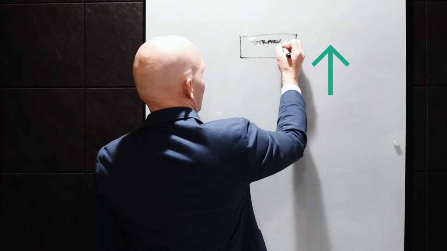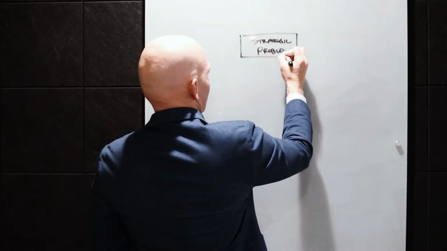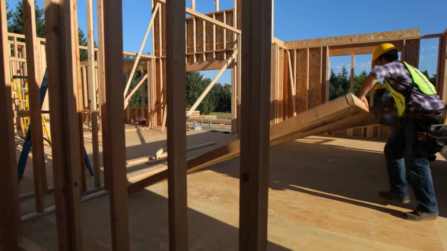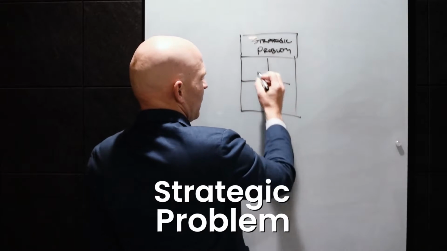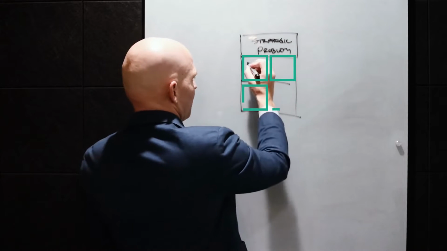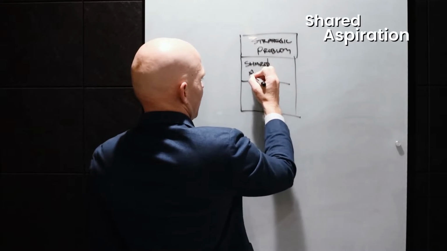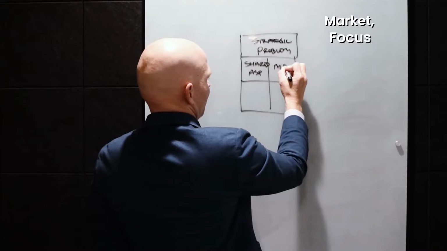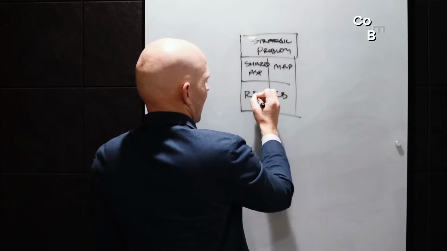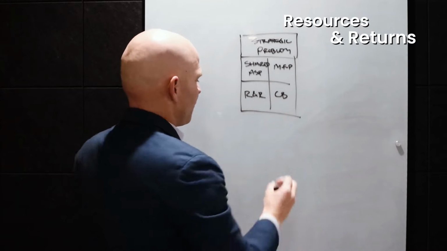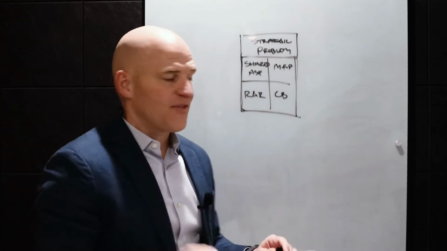At the very top of my strategy framework is the strategic problem. And then down below, we have 4 different boxes where a company defines its shared aspiration, its market focus and position, its competitive behavior, and the resources and returns required to pursue this strategic option successfully.